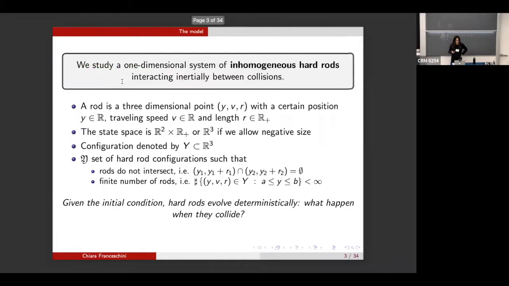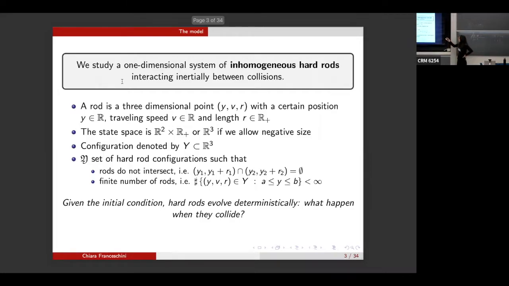So what is a hard rod system? A hard rod is a sort of elongated particle described mathematically by a three-dimensional point (y, v, r), where y is the position, v is the speed of the rod, and it also has some length r, which for this talk will be a positive real number, but in principle could be extended to negative length.